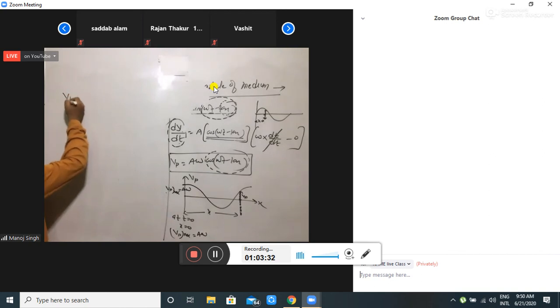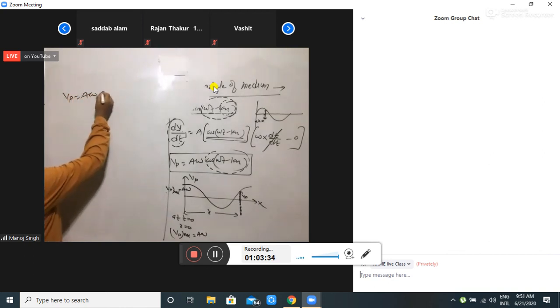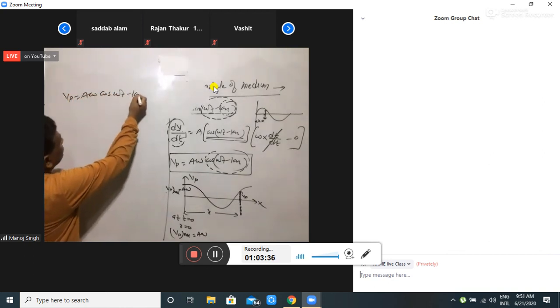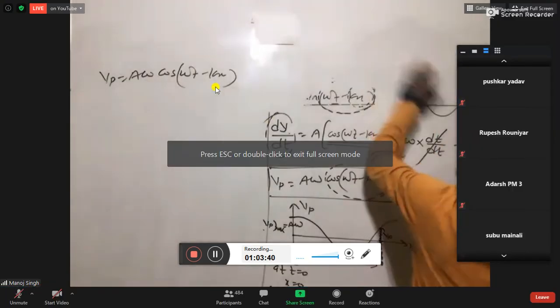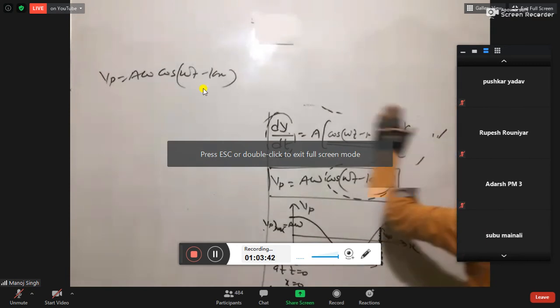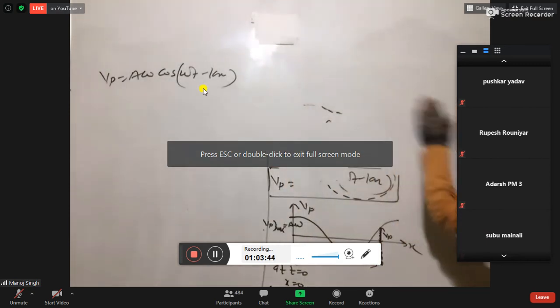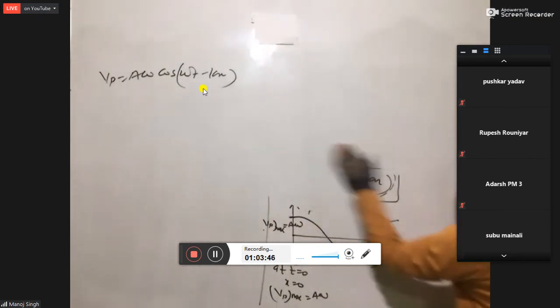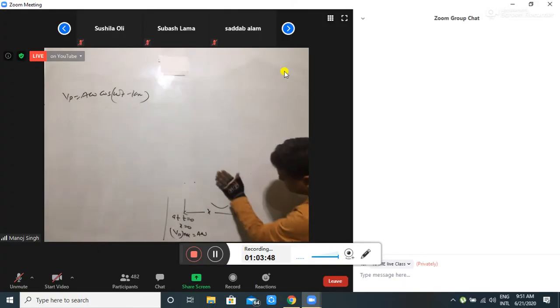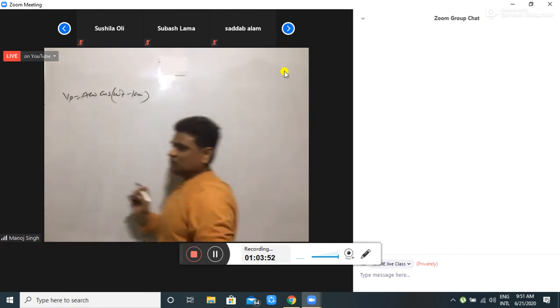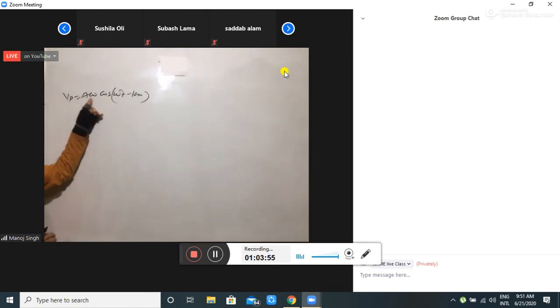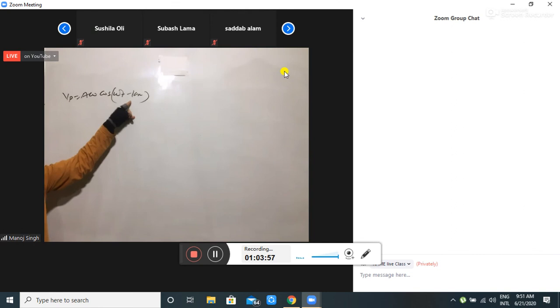velocity of the particle is equal to a omega cos of omega t minus kx. So velocity of the particle of medium is equal to a omega cos of omega t minus kx.